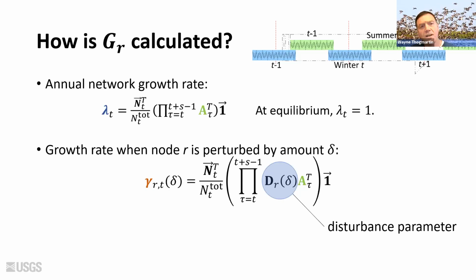That helps us create this annual growth rate. Then to evaluate the growth rate when it's perturbed, all we do is insert this disturbance parameter here. I'll show you the consequences of that with a case study.